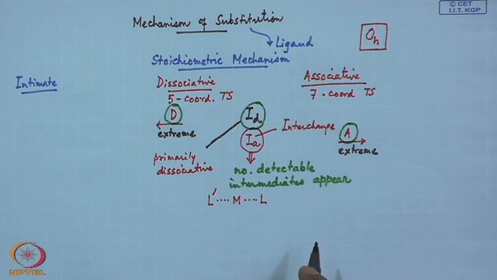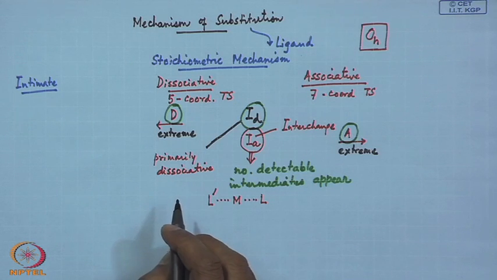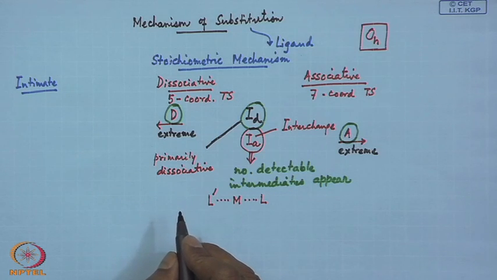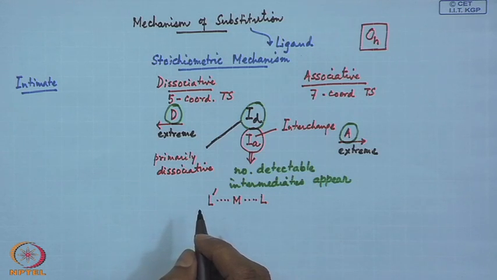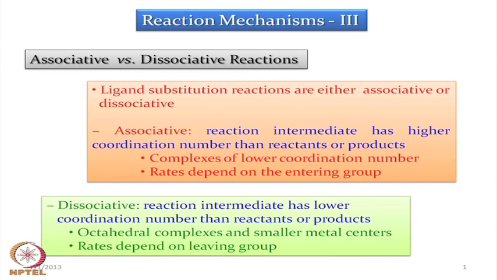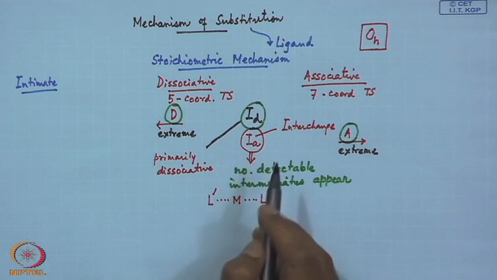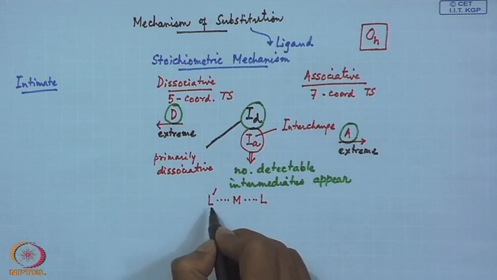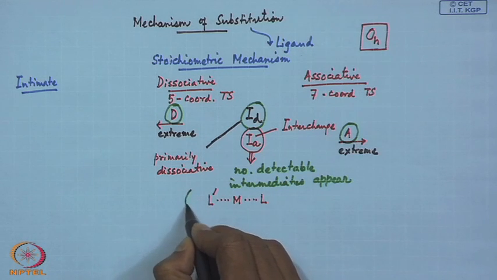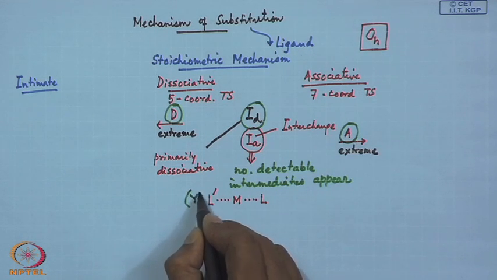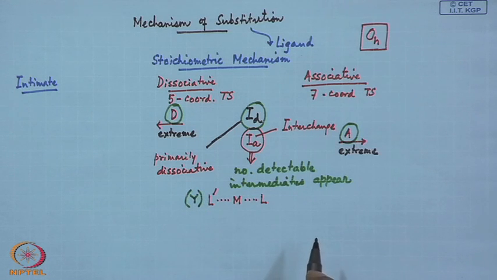When kinetic evidence is present for association or dissociation, but detection of intermediates is not possible, we get either D or A or Ia or Id. So, when we bring this, that means this L prime can be a capital Y.